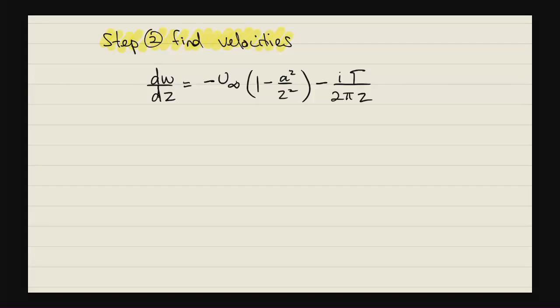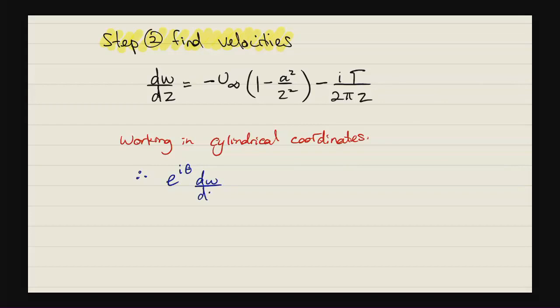Okay, and in this case, working in cylindrical coordinates is a bit easier. And we know that e^(i theta) times dw/dz gives you u_r minus i u_theta.